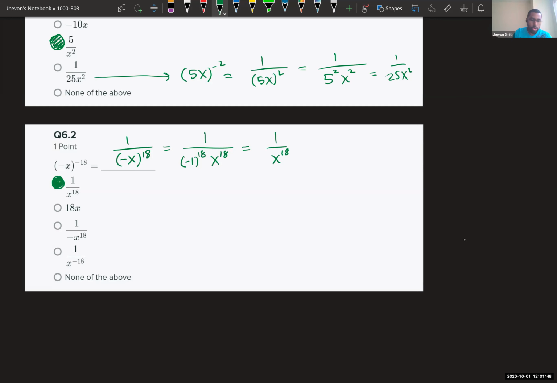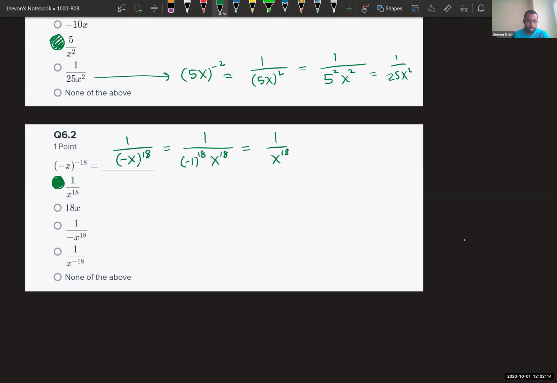The even power gets rid of the negative sign, which is why the third option would be incorrect. The third option would be correct if the power was odd. So if it were minus x to the minus 19th, then it would simplify into 1 over minus x to the 19th. However, the power is even, so that's why the negative is gone.